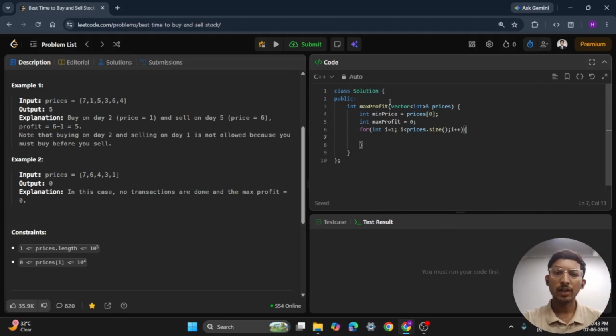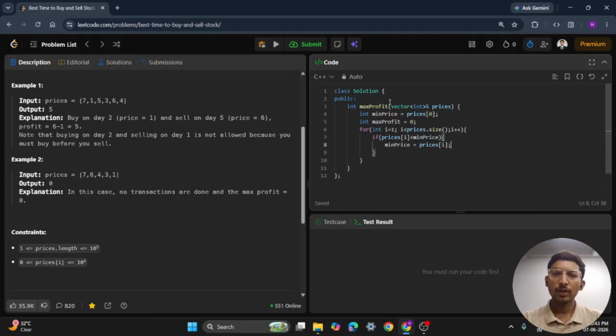Now, if the current price is smaller than the minimum price, we should update the minimum price. So if prices[i] is less than minPrice, we will update the minPrice, which will be equal to prices[i].